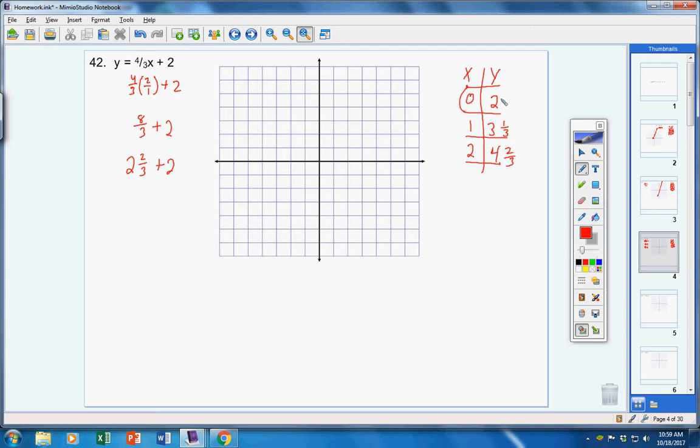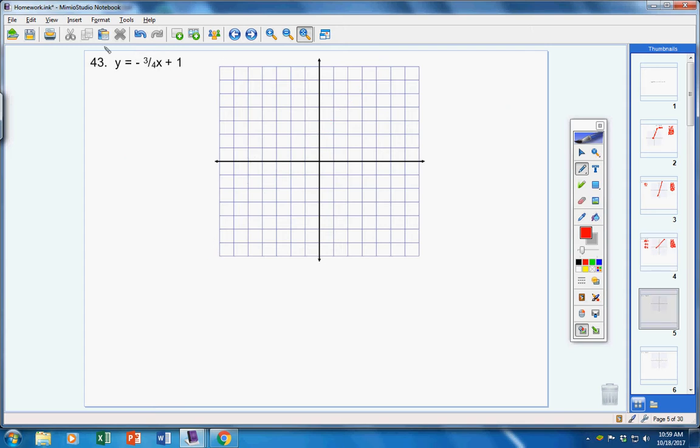So one ordered pair is 0, 2. The other ordered pair is over 1, up 3 and a third. And the other ordered pair is over 2 and up 1, 2, 3, 4 and 2 thirds. There we go. You can just estimate your fractions, guys. That's totally fine. Okay? Not a big deal.